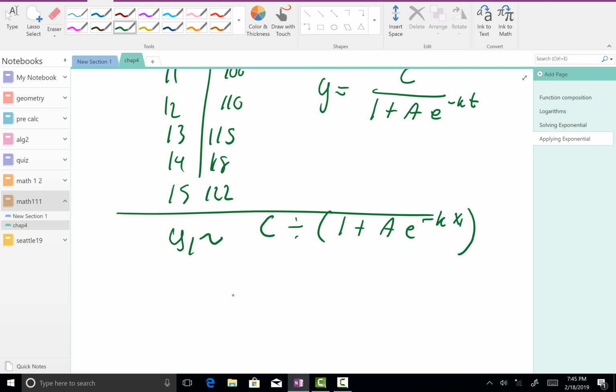It's been a while since I've done one of these. Var time, var temp, go. Okay, so there's my data again. And then I want to type in an equation.